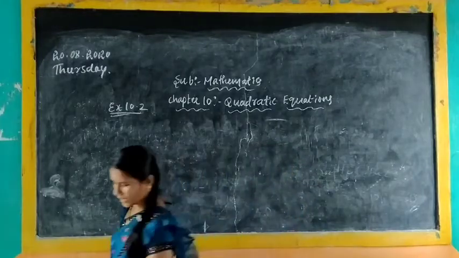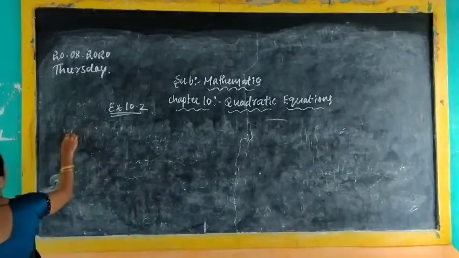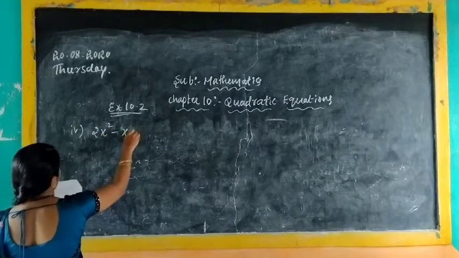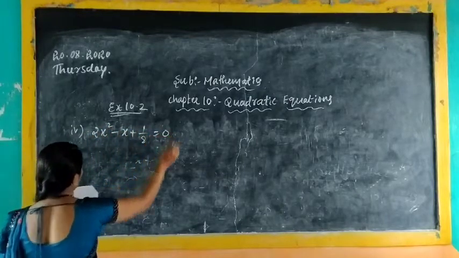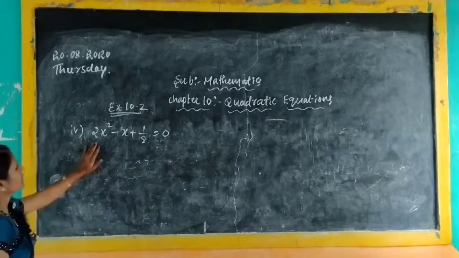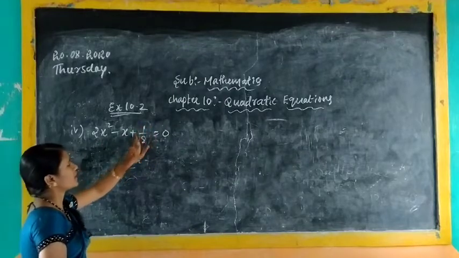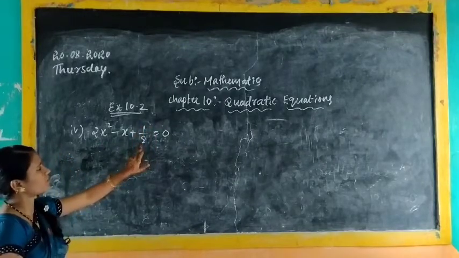See, it is in the form of x square plus bx plus c, but here the c term they have given in fraction. First we have to solve this.